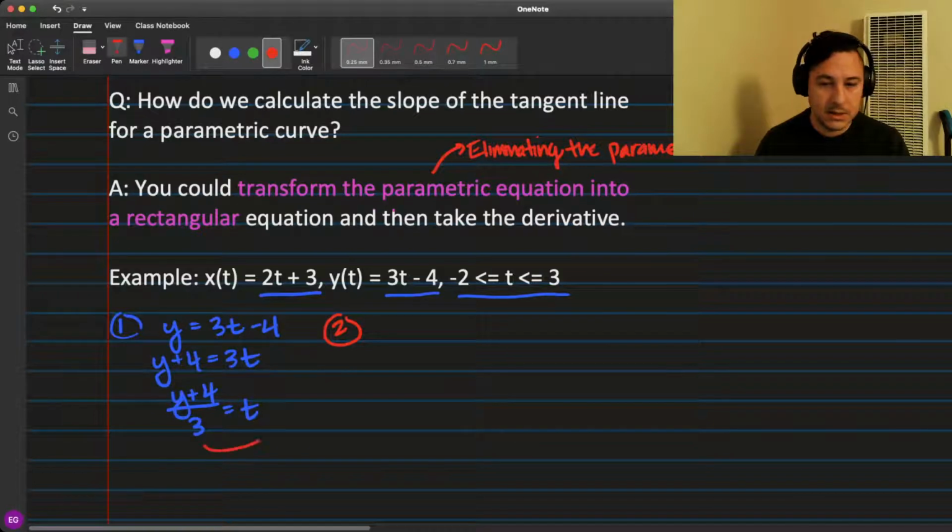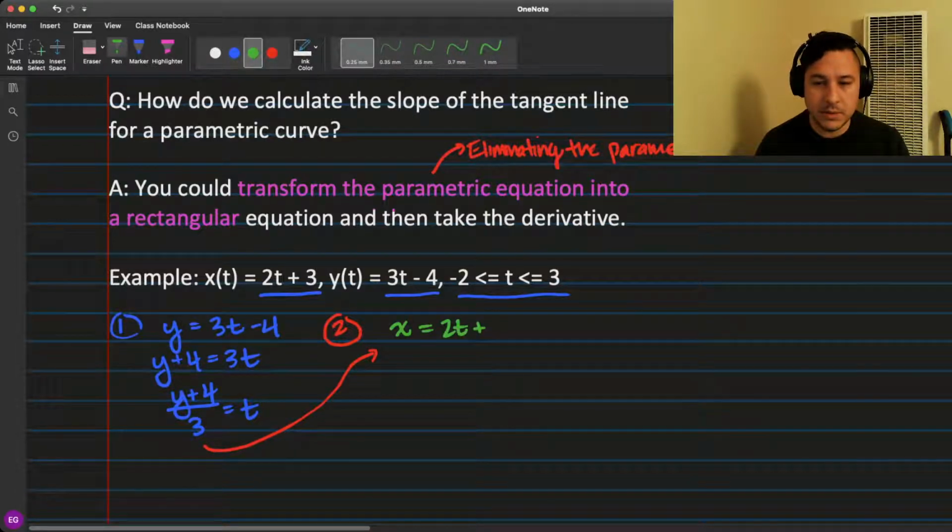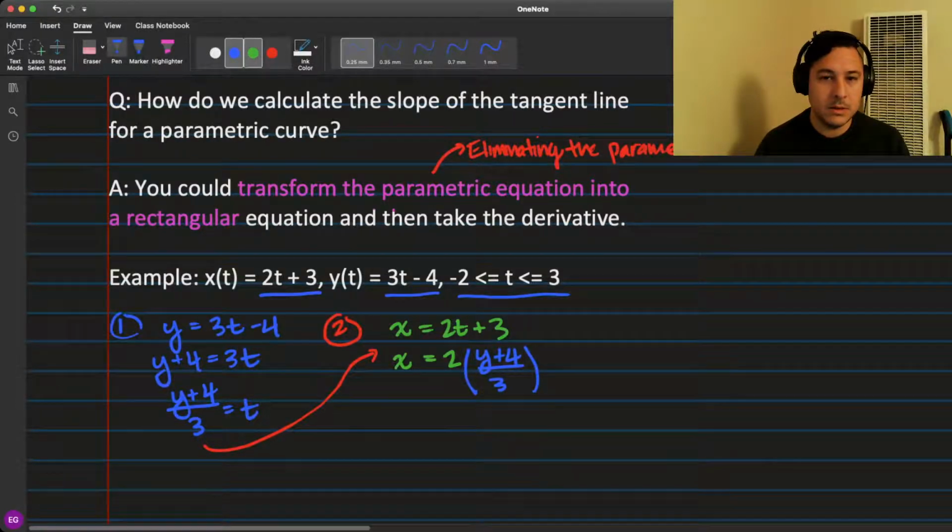So we'll take this and substitute it into x equals 2t plus 3, which means we're going to get x equals 2 times (y plus 4) over 3, plus 3.